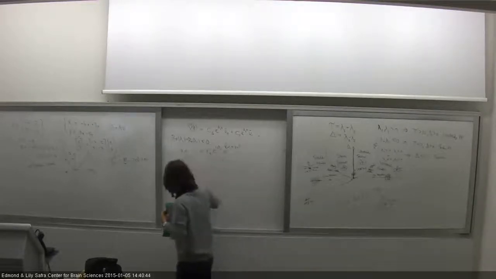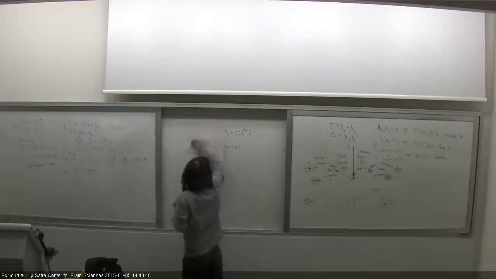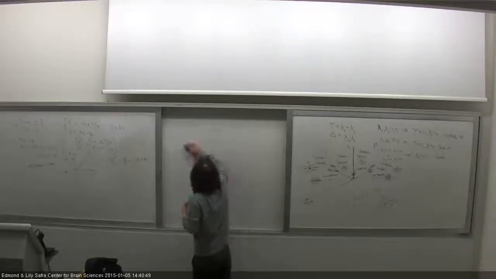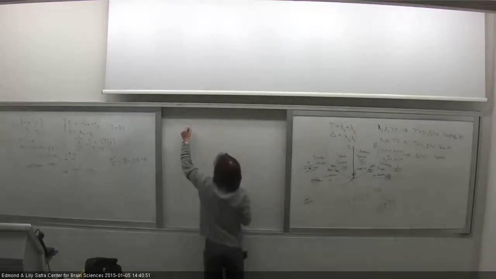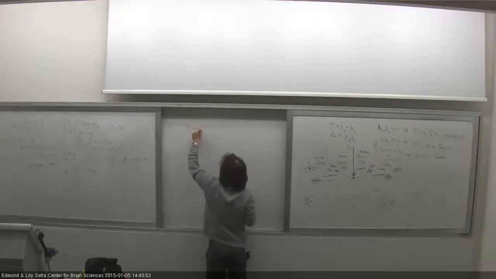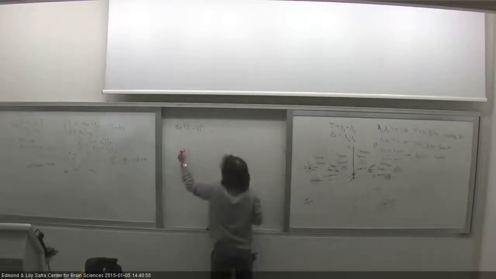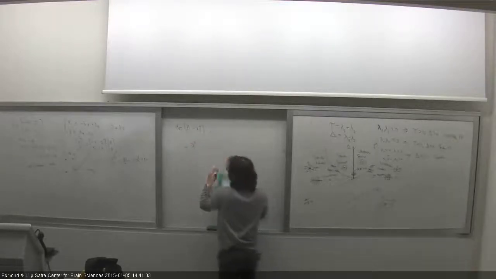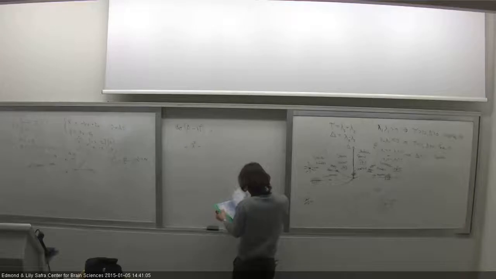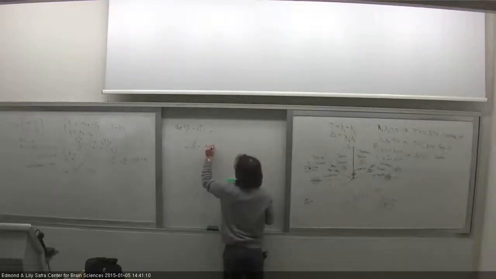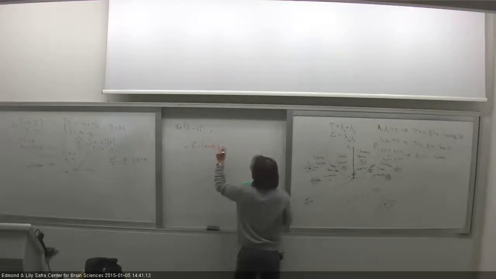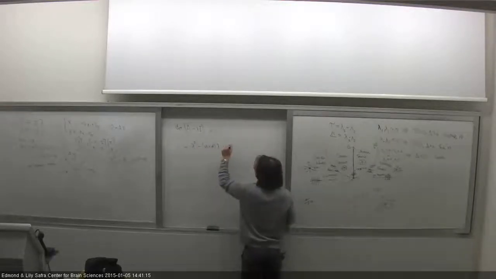I forgot to mention this term, but the characteristic equation is what you get when you do A minus lambda I, take the determinant, and you get lambda squared minus trace times lambda plus AD minus BC.